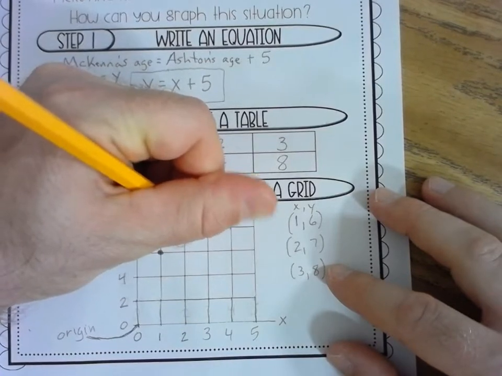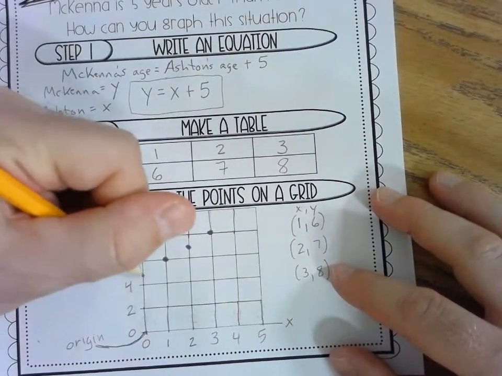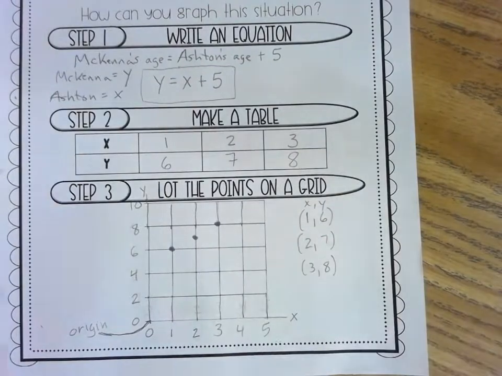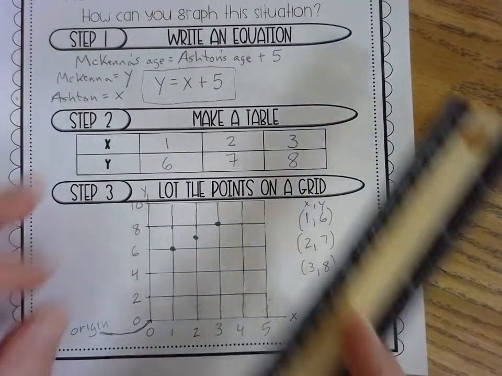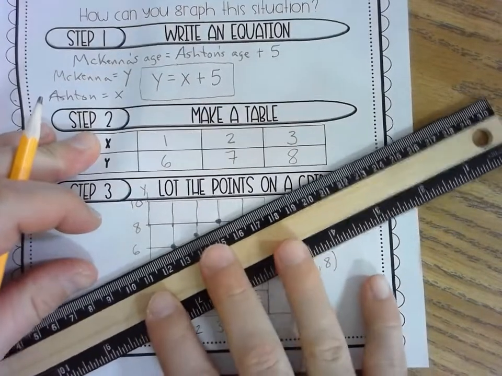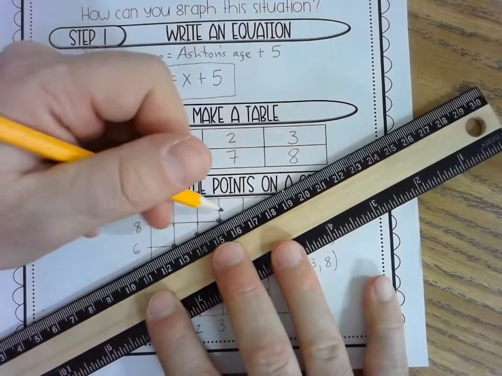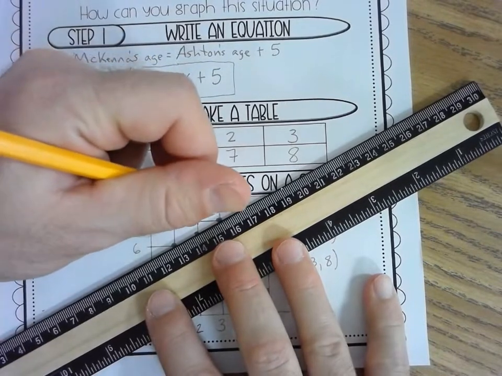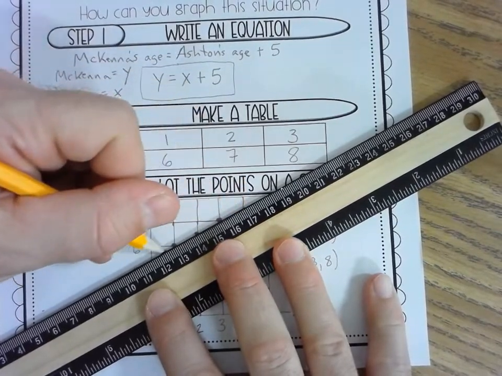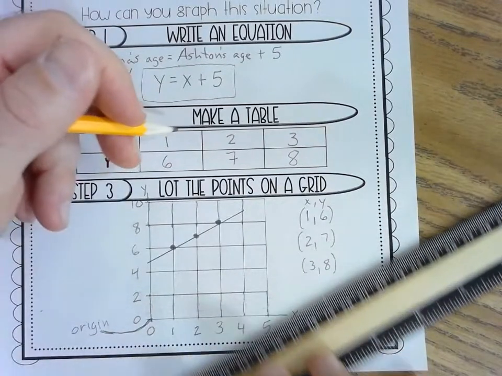Now, if I did this correctly, when I go to connect these lines, you might want to use a ruler sometimes. That'll help you. Okay? But if I connected these points with the ruler, and it goes through them all, this is what your graph should look like.